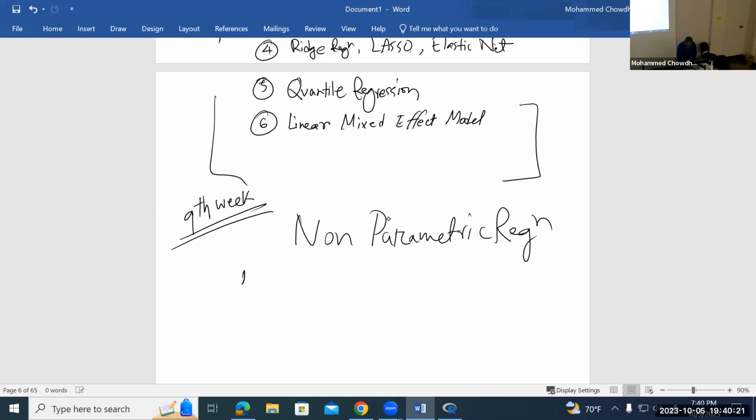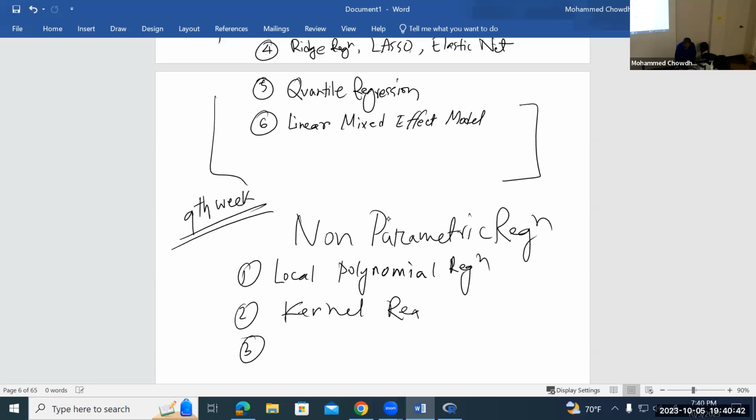So what are the non-parametric regressions? 9th week I'm discussing local polynomial regression, kernel regression, and then spline regression. These are the regressions I'm going to discuss in the 9th week. And 10th week to the rest of the weeks, I'm going to discuss all time series models.